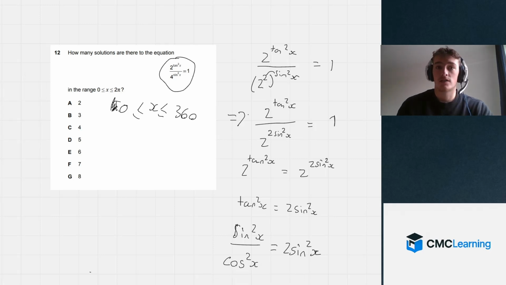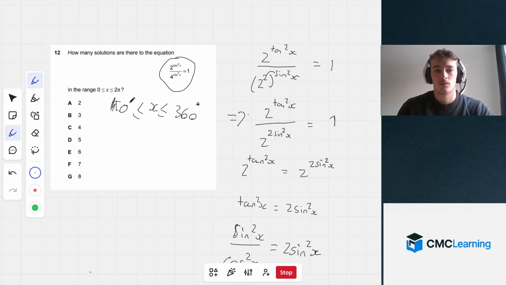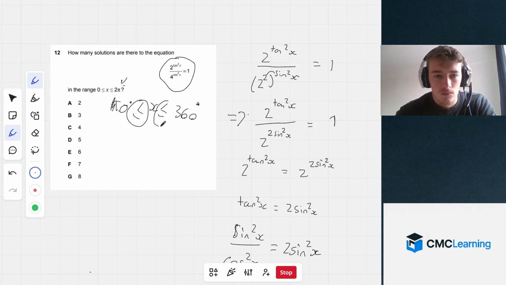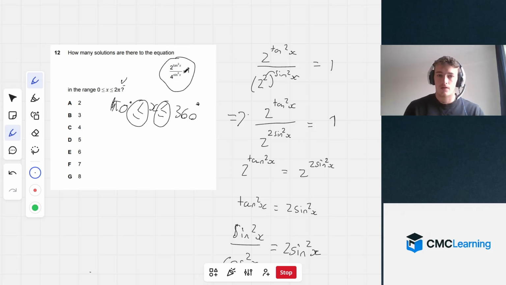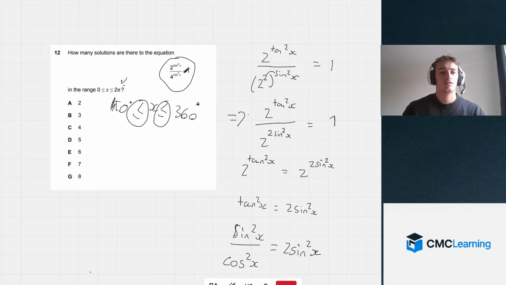It's just two different ways of measuring angles: in degrees or in radians. They are equivalent. Also pay good attention to the fact that they are both less than or equal to. So x can be 0 and x can be 360 degrees, or x can be 0 and x can be 2 pi radians.